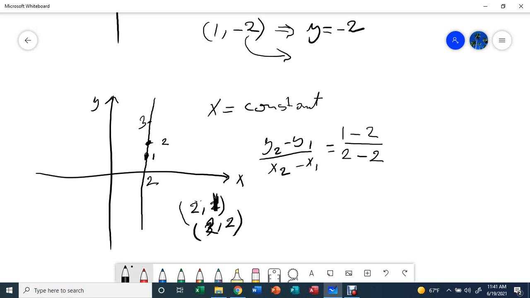We have 0 in the denominator, which is not okay. So that's why the slope of a vertical line is undefined, because of the 0 in the denominator.